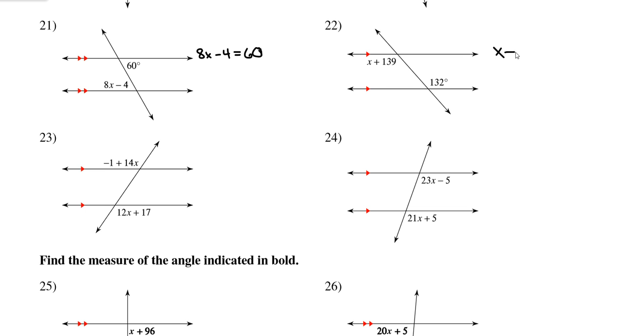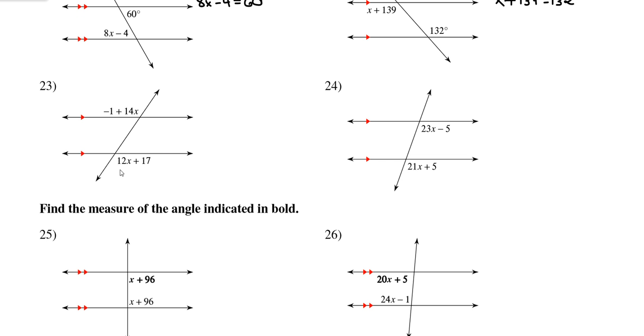So x plus 139 is the same as 132. These are alternate exterior, so negative 1 plus 14x is the same as 12x plus 17. And these are corresponding, so 23x minus 5 is the same as 21x plus 5.